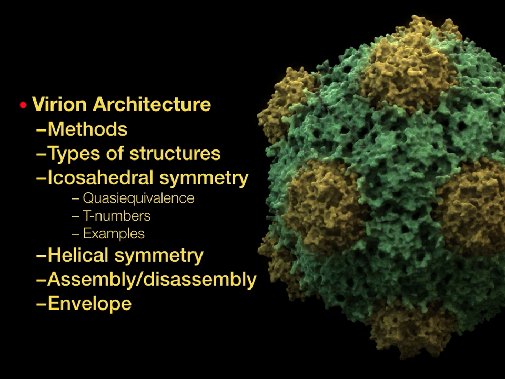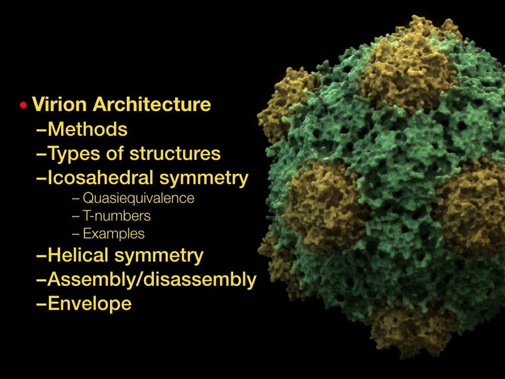We're going to see what quasi-equivalence means, the triangulation that's going to give the different T numbers. This is a way to describe how these different capsid units are going to interact with each other to form this big geometric structure.